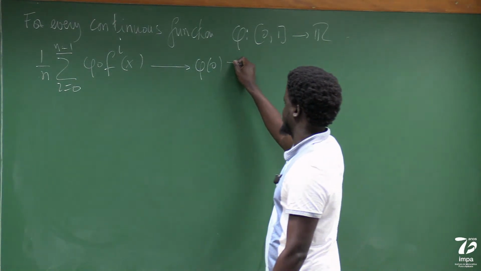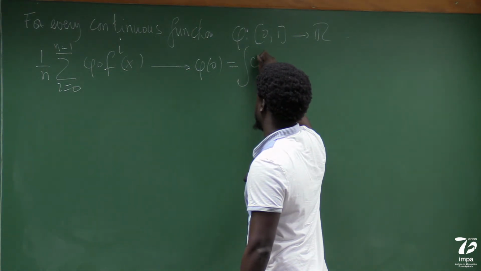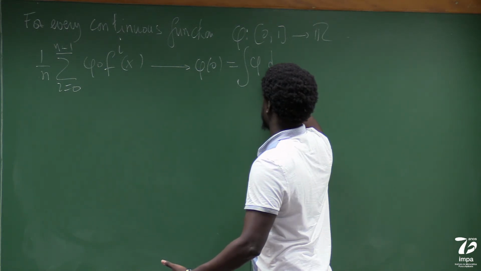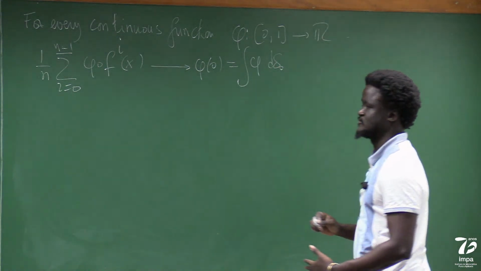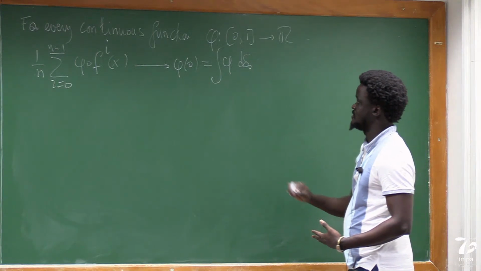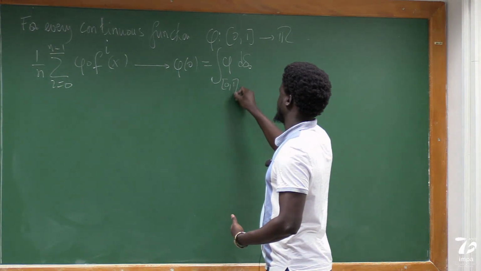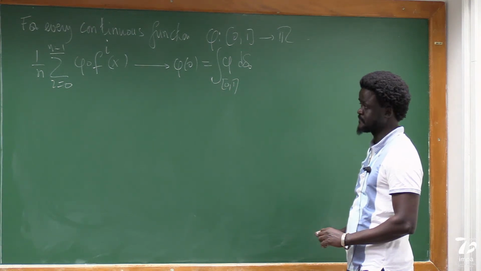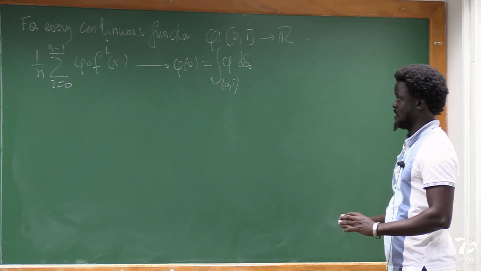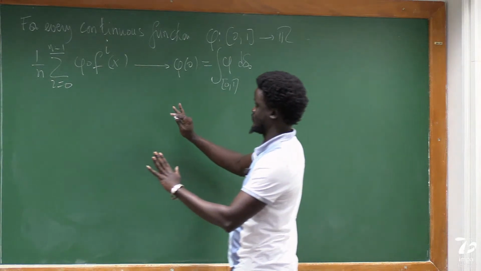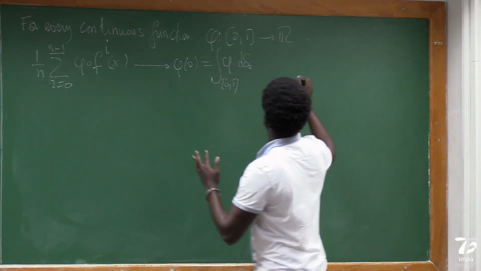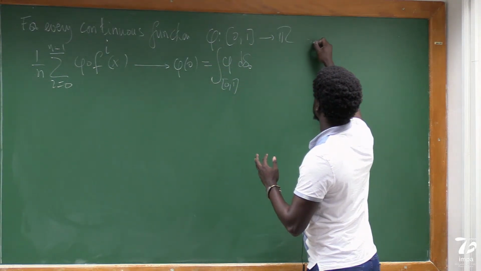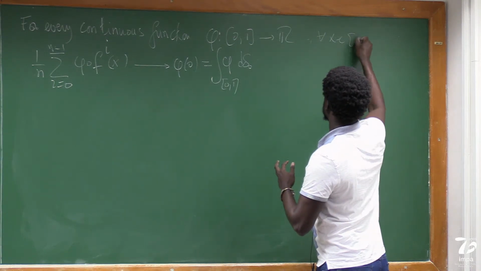This is nothing but the integral of phi with respect to the Dirac delta measure. So this holds for every x in the interval.